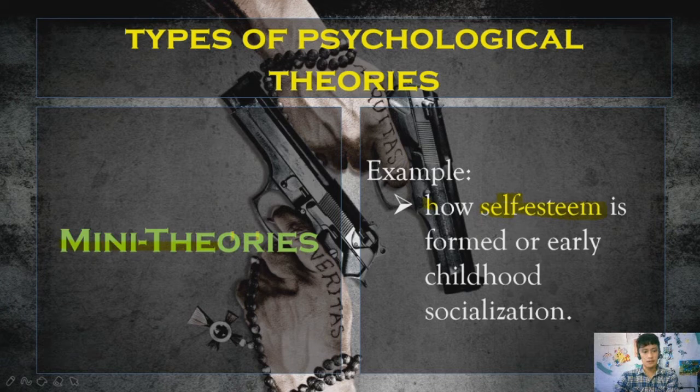So how do we relate this to mini theories? We can say it would be a mini theory if it only explains a certain crime, like murder. Why does the crime of murder occur?